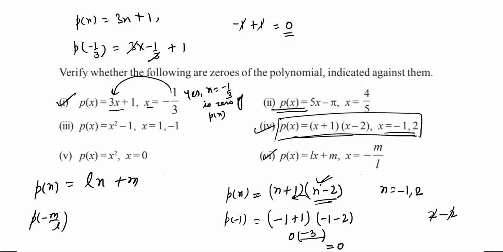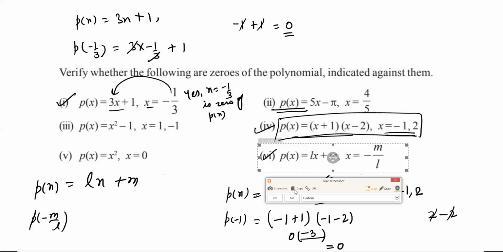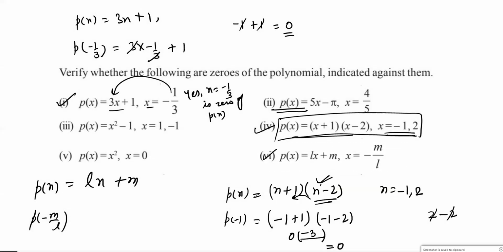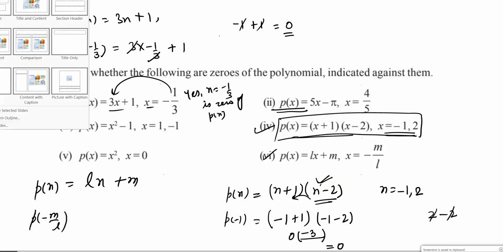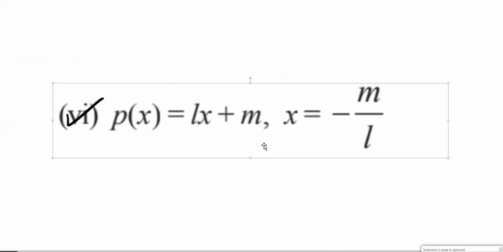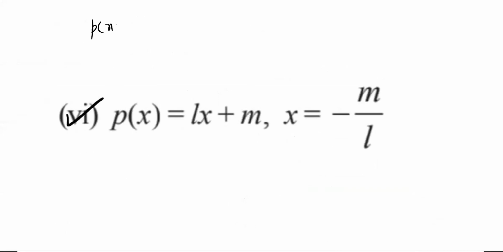Sir, can I explain this question? Yes, you can explain. So in this question, you can put the value of p(x), x equal to minus m by L. P(x) is equal to L into x, so in place of x put minus m by L, and then plus m.